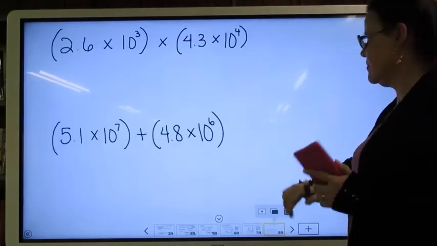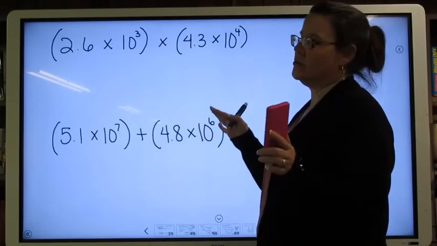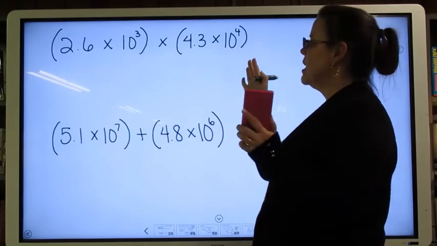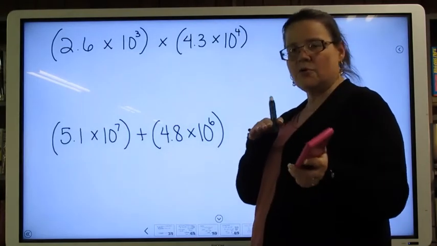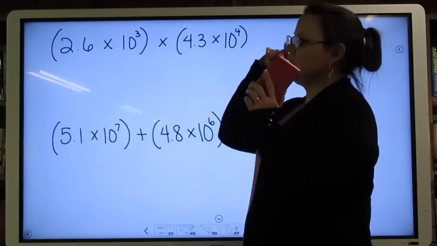So then I gave some examples. Here you can write them down, you can pause the video, and see if you can do them on your own, and then you can come back and see if we got the answers right. So this one is multiplying.